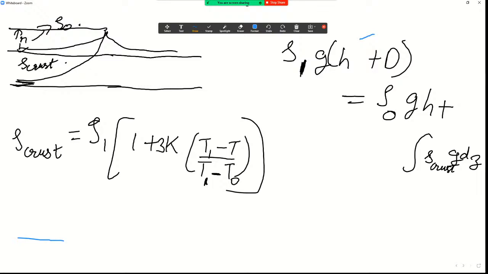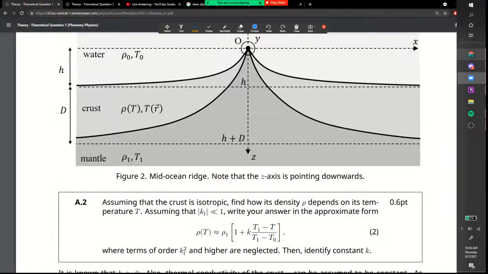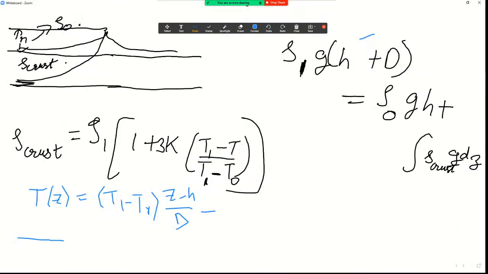Okay, so T of Z is, oh yeah, T1 minus T0 times (Z minus H) over D. Oh wait, since the initial temperature of the water is T0, we should also add that. So this should actually be the temperature as a function of Z.